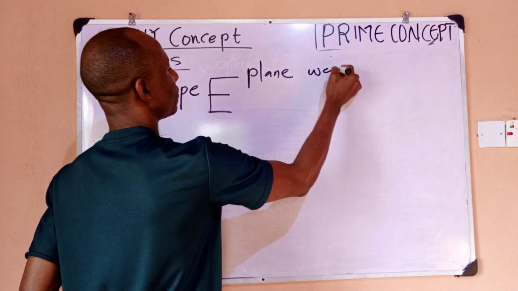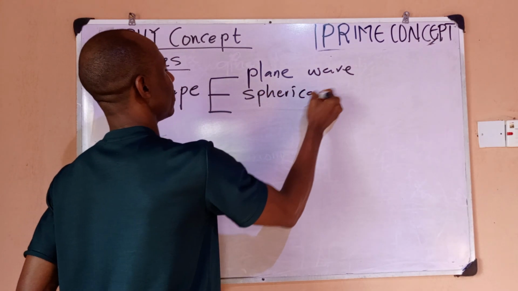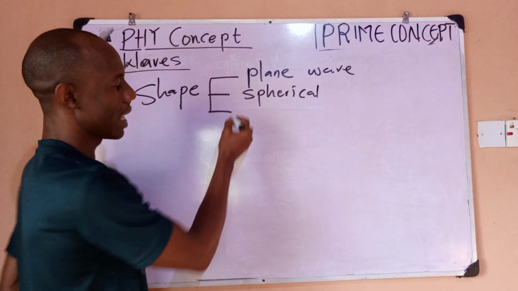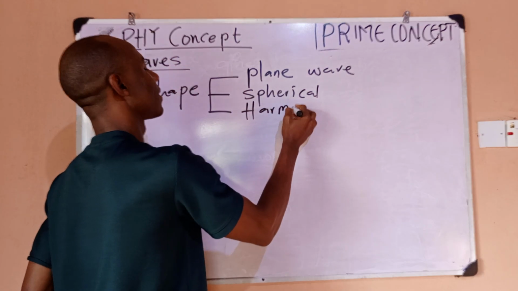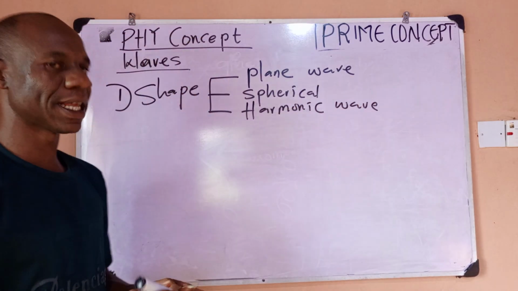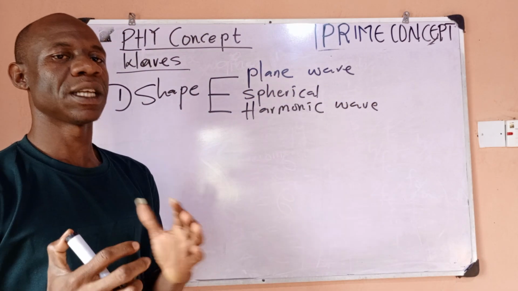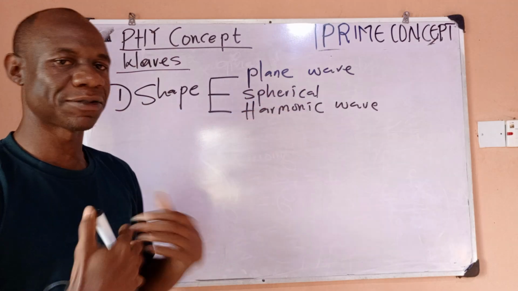Another type is what we know as spherical wave. Then the third type based on shape is what we know as harmonic wave, right? We'll be looking at these types of waves, and how they are formed, when we start talking about types of wave and the examples.